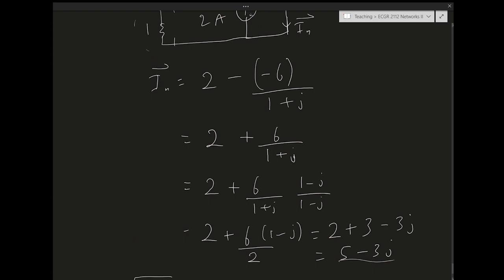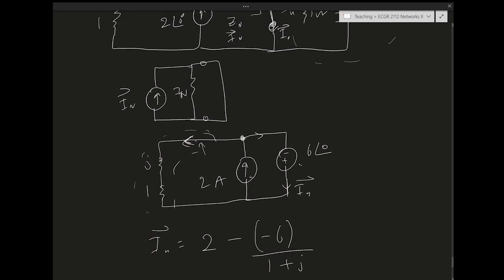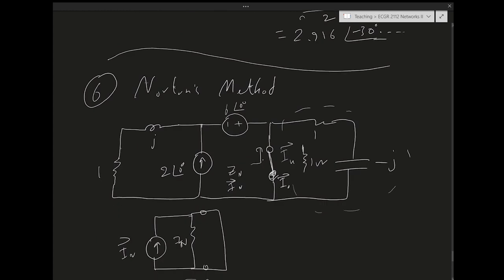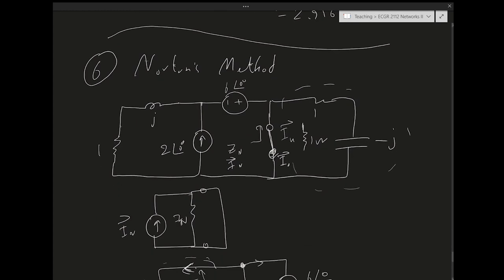And then the impedance. What's the Norton impedance? To find the Norton impedance, I need to open this port and then find the equivalent impedance. The equivalent impedance is going to be just 1 plus J parallel 1 minus J. We've already done this a million times. This is 2, right?